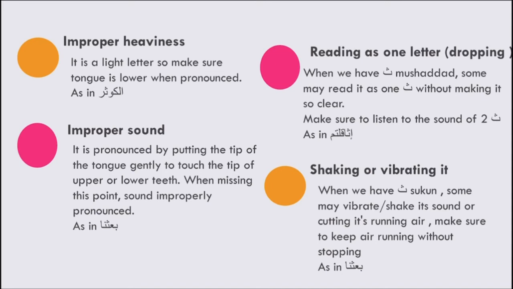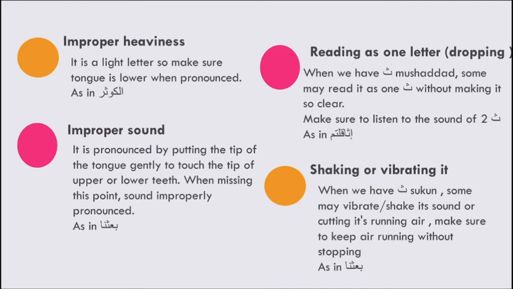Okay, so this commonly happens. So make sure to put the tip of the tongue just between the tips of the upper and lower teeth. It is pronounced by putting the tip of the tongue gently to touch the tip of the upper and lower teeth. When missing the point, the sound is improperly produced.